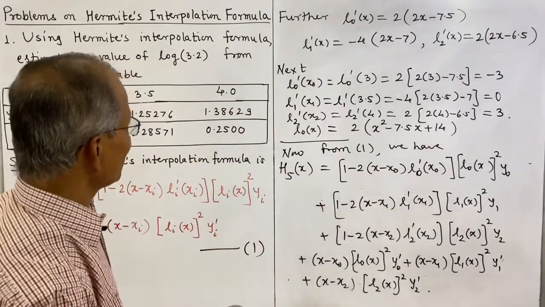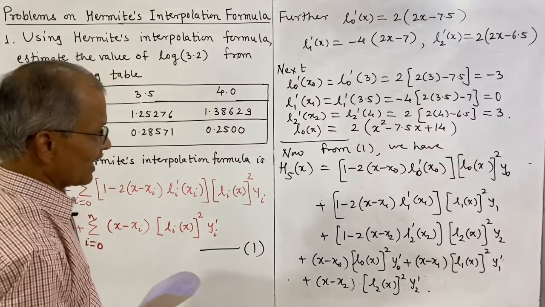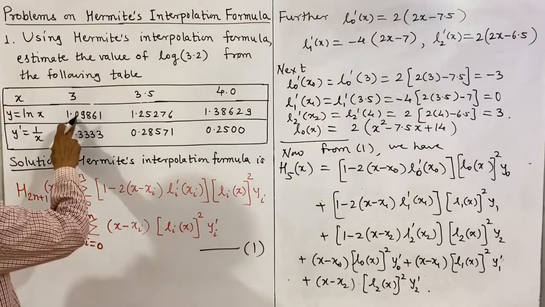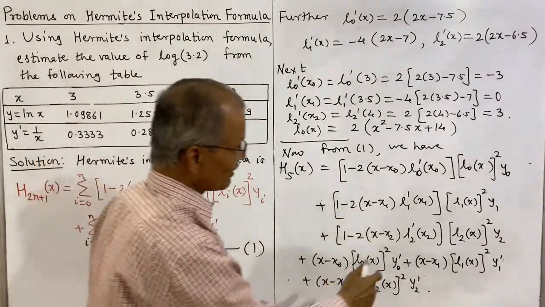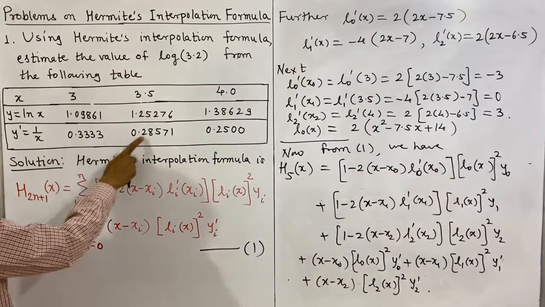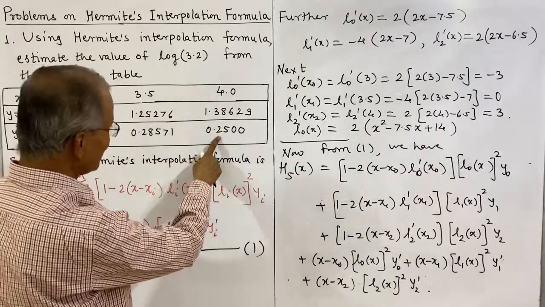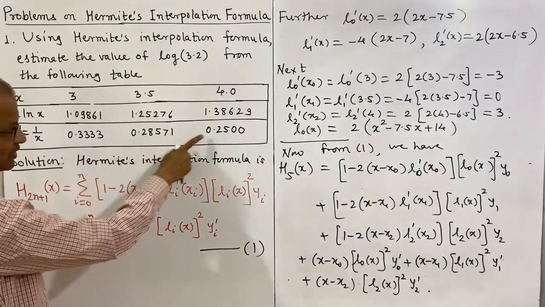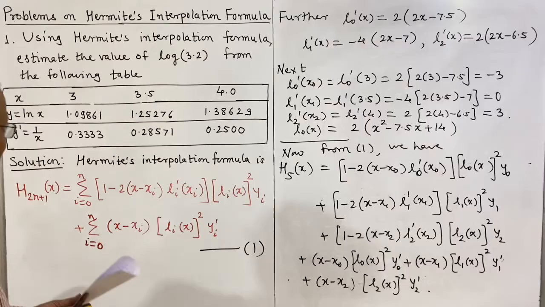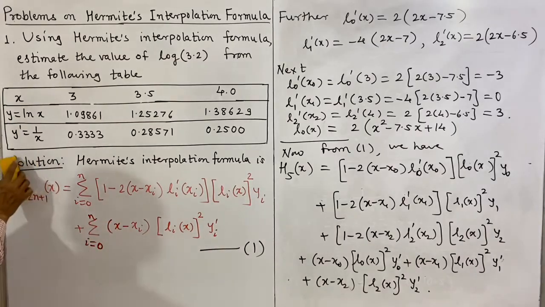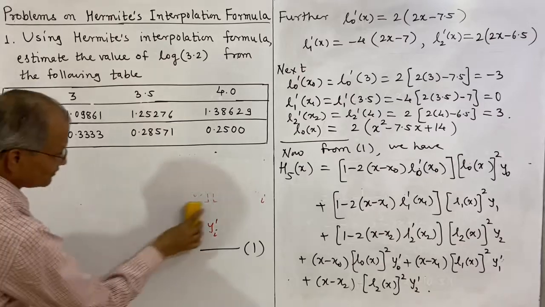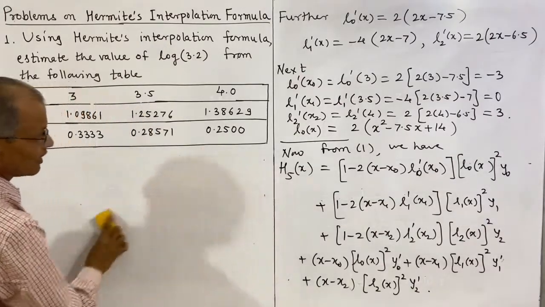We also have to use the values y0, y1, y2 and y0 dash, y1 dash and y2 dash here, and therefore this gives h5 of x.